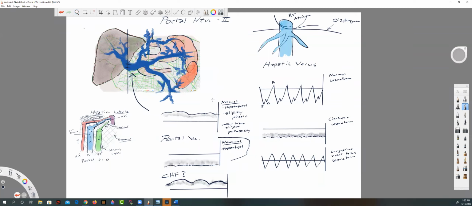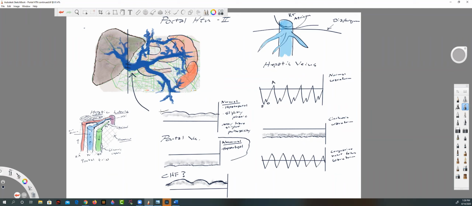Portal veins here. Portal veins, you know, part of the problem, guys, is that you're not scanning. This is so hard to talk about when you're not scanning. So yeah, let's go over this again real quickly. A normal portal vein is hepatopedal, forward flow, slightly phasic.